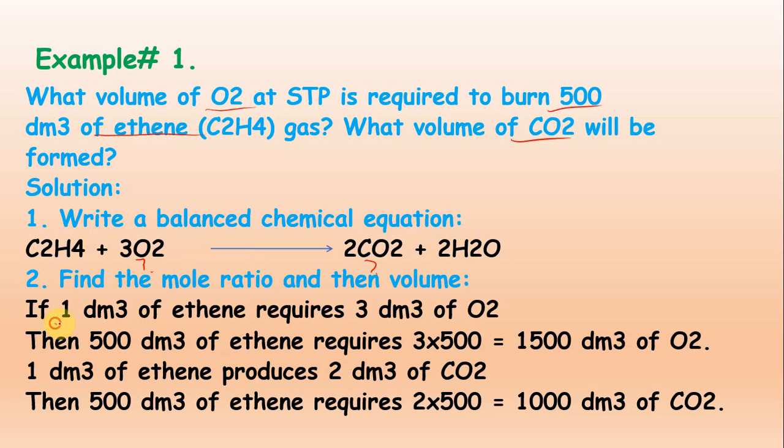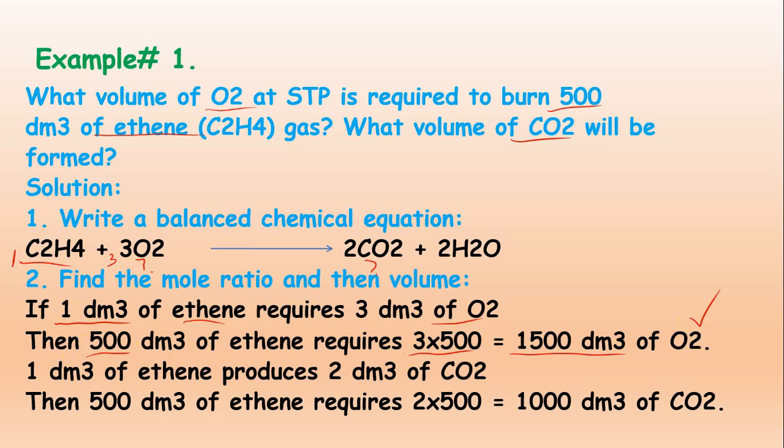So 1 dm cube of ethene requires 3 dm cube of oxygen. Look here, 3 volumes of oxygen. Then if 500 dm cube of ethene is given, you have to multiply by 3. 1500 dm cube of oxygen will be required.